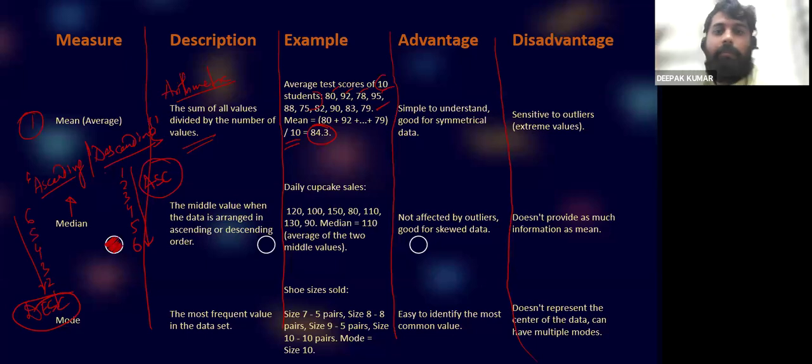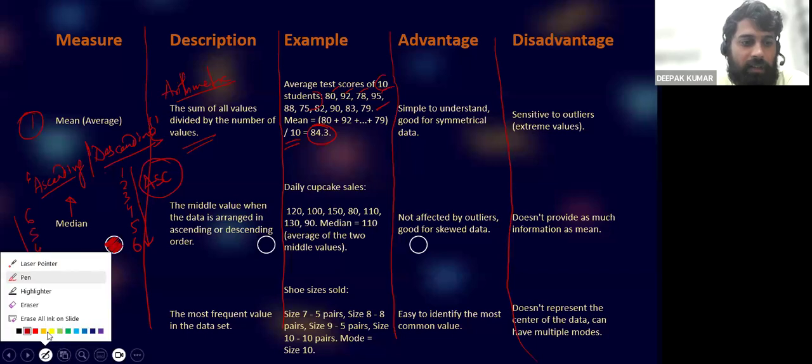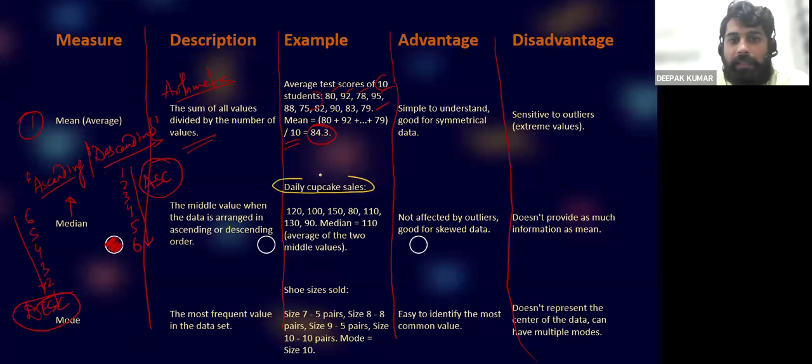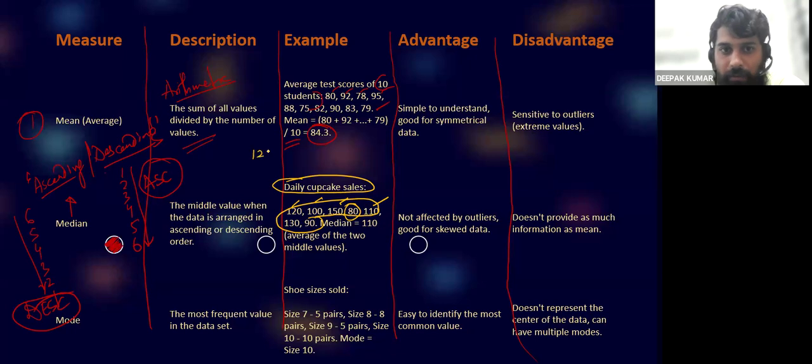When we come to daily cupcake sales, this example is used to represent the median, and the values here are 120, 100, 150, 80, 110, 130 and 90.